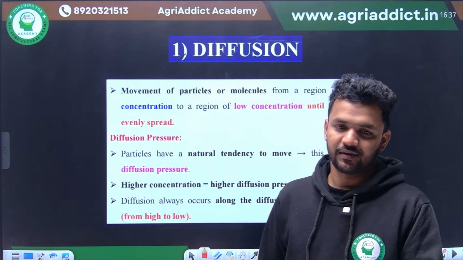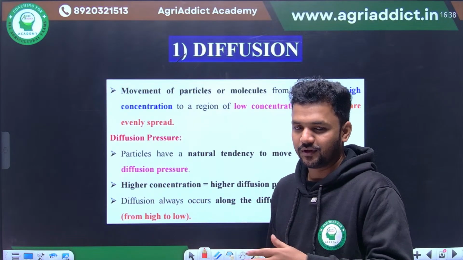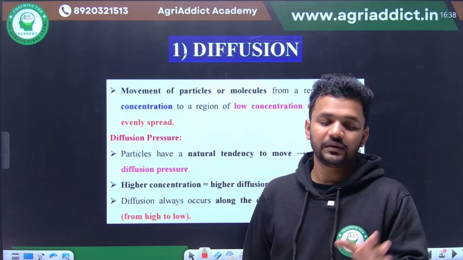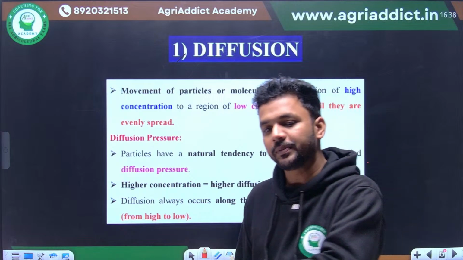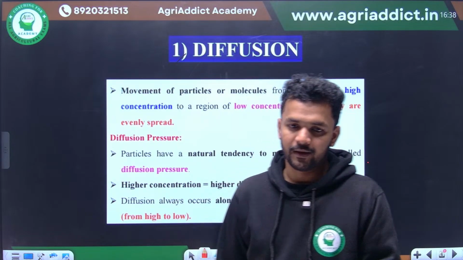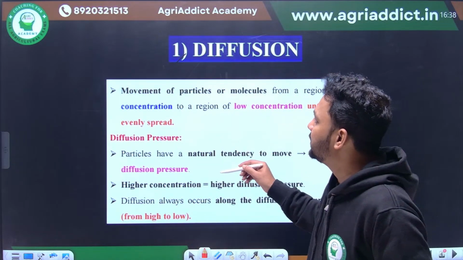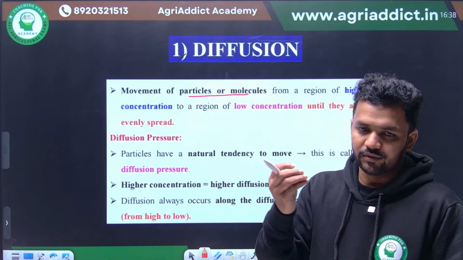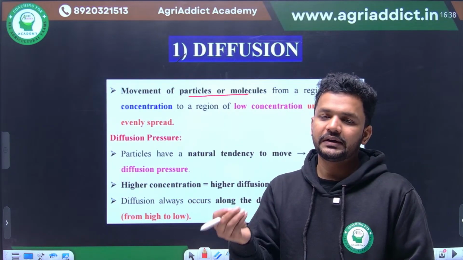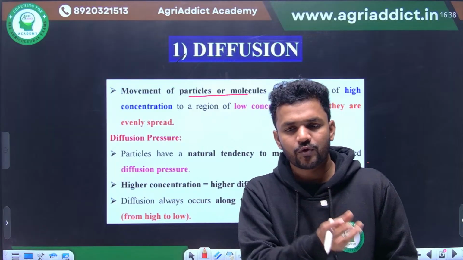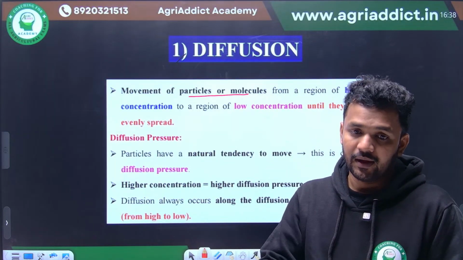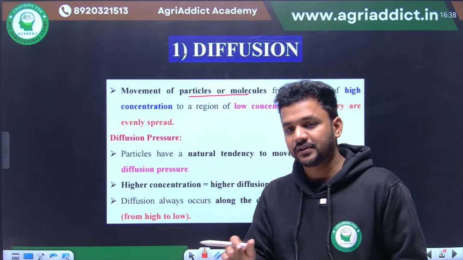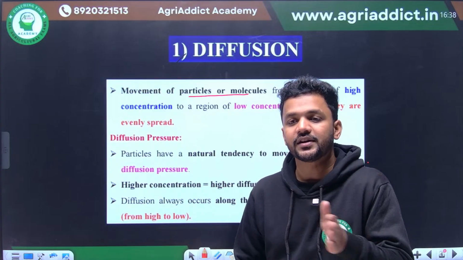Anything can diffuse, and the movement from one place to another is diffusion. So in plant physiology, the molecules or particles or elements move from one place to another, but they follow a definite path or direction.